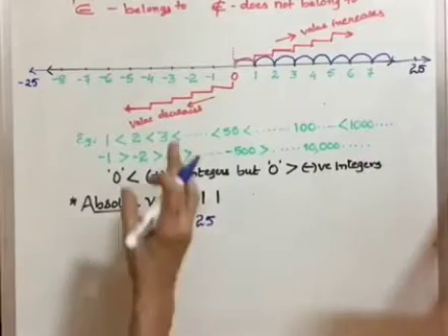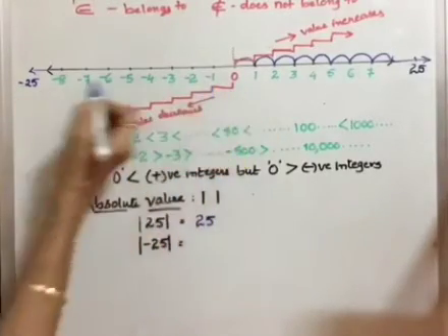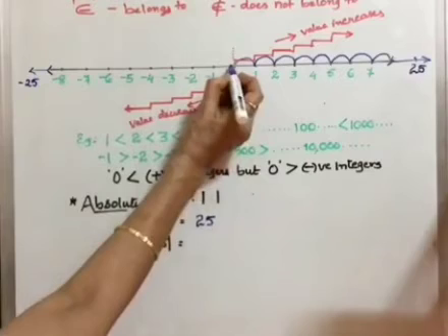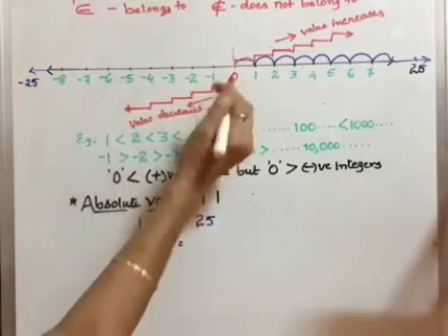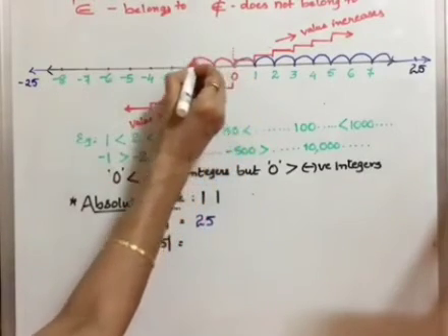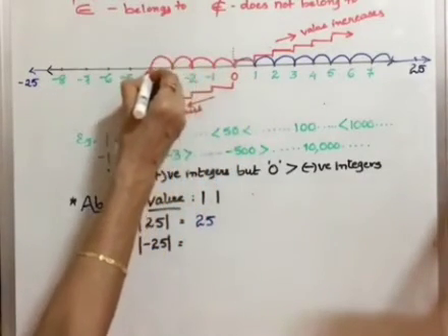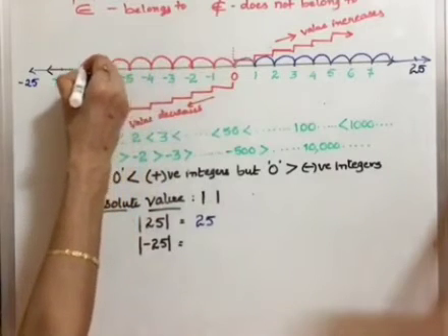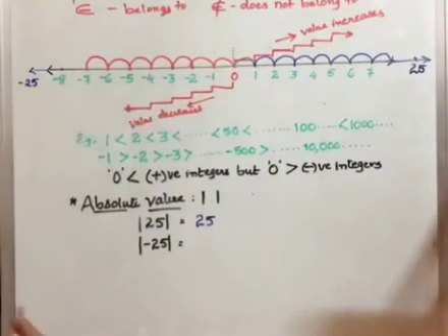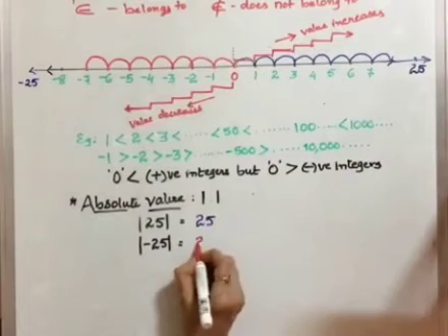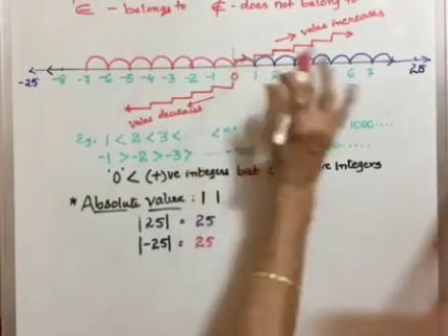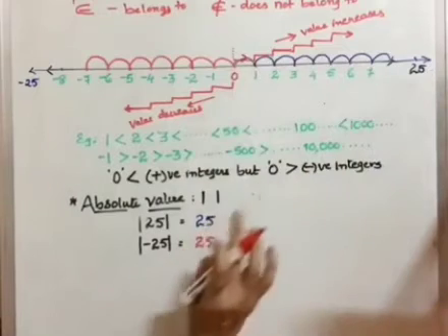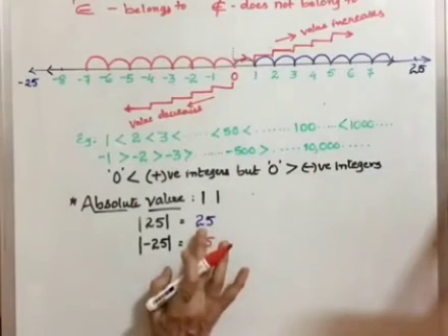Okay, now look at the negative side. To reach -25, again I am taking how many steps? 1, 2, 3, 4, 5, 6, 7, and so on. 25 steps. Towards my right, when I reached positive 25, we took 25 steps.